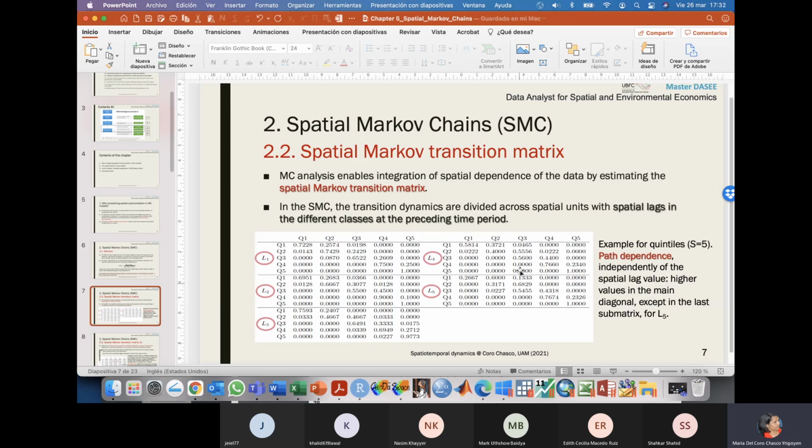There is something interesting. This path dependence, if you remember, is this concept in general Markov chains that is connected with the main diagonal. The main diagonal is capturing the probability for a spatial unit, for a city, for instance, of staying in the same quantile as the one in which it was in the previous moment of time. So if in T I am in the first quintile, the probability of remaining in this first quintile in T plus 1.